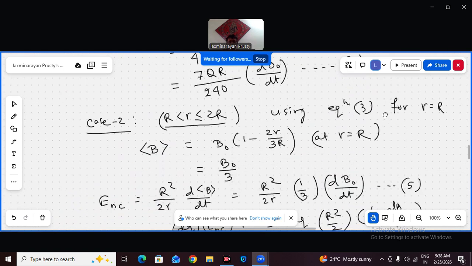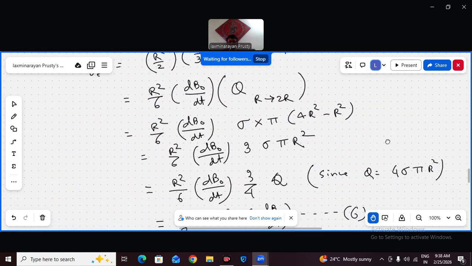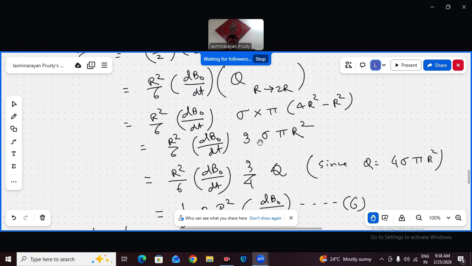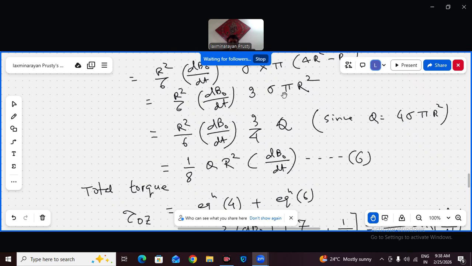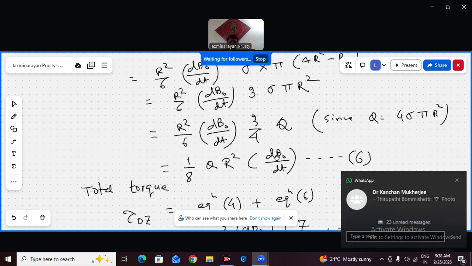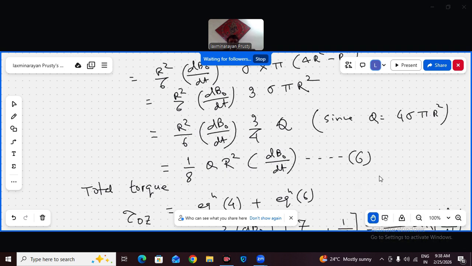So q by 4 I wrote here. Sigma pi r square q by 4. So 3q by 4 r square by 6. This is q is 4 sigma pi r square, because of that I wrote sigma pi r square is q by 4. So this becomes 1 by 8 q r square dv naught by dt.